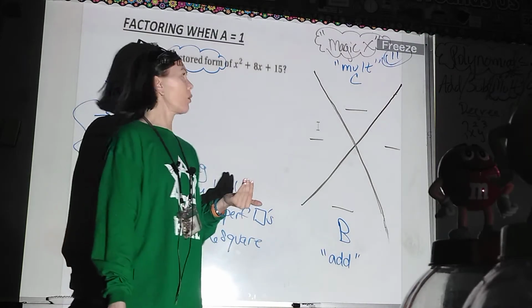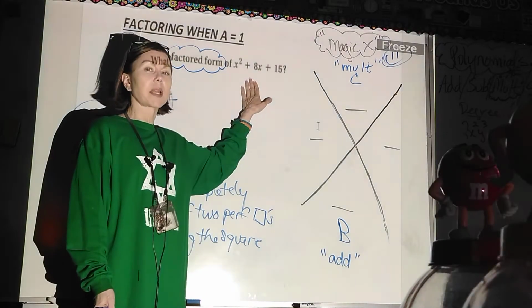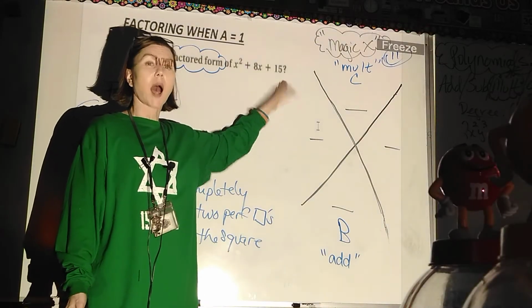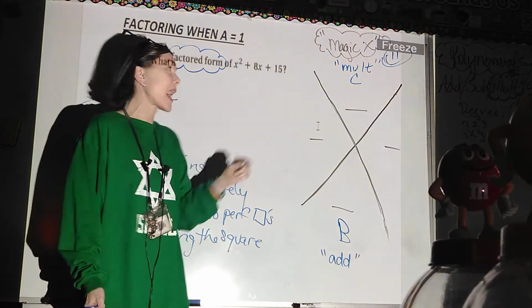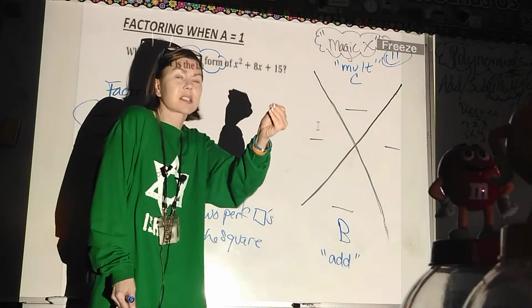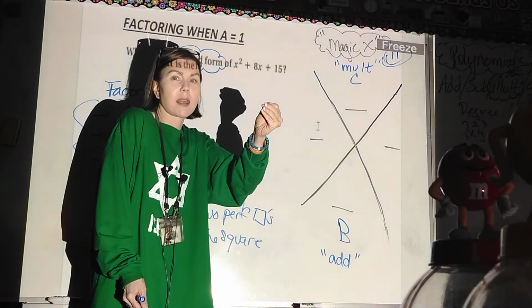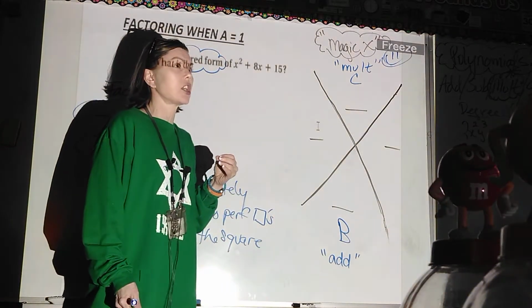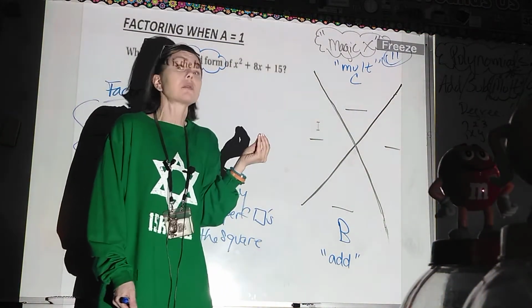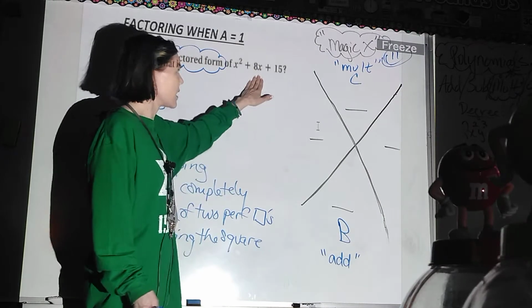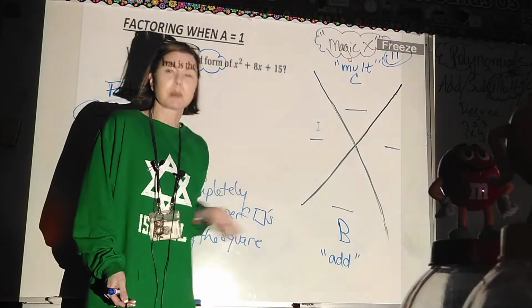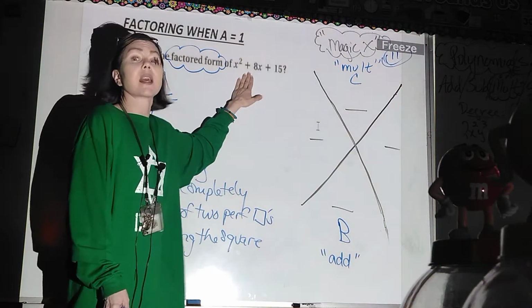Okay, so for example, this right here, x squared plus 8x plus 15, I want you to think of that as the what? The answer. The after, the answer. Two things were multiplied together, and this is what you got after they were multiplied.